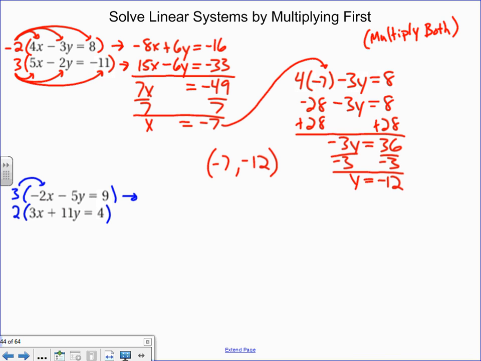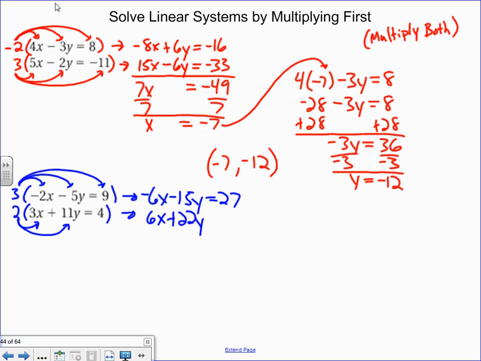So the top equation, 3 times negative 2x is negative 6x. 3 times negative 5y is negative 15y. And 3 times 9 gives us 27. On the bottom, 2 times 3x will give us positive 6x. 2 times 11y gives us 22y.